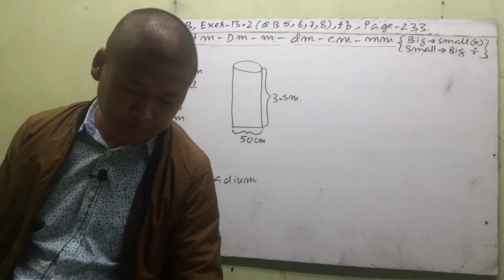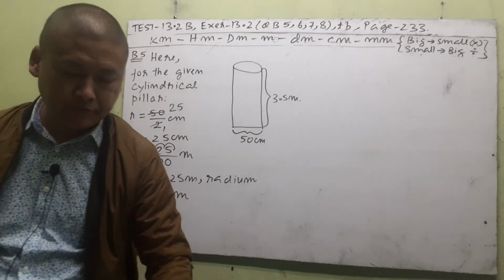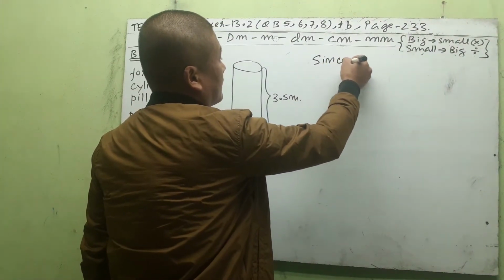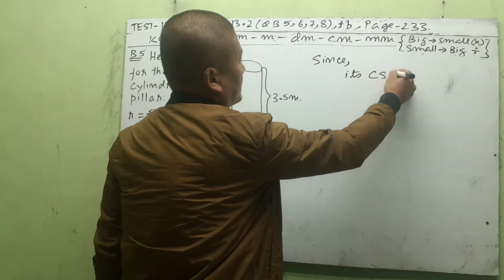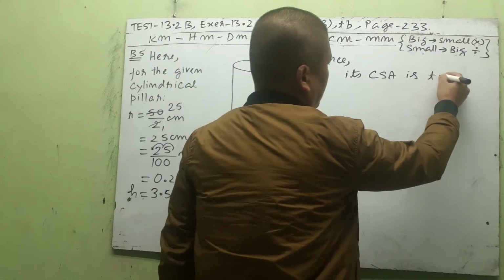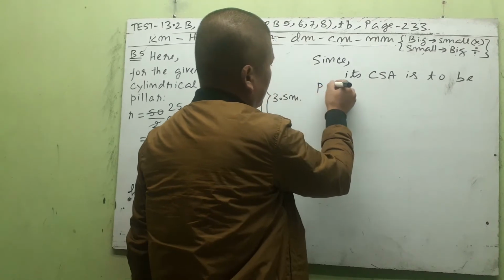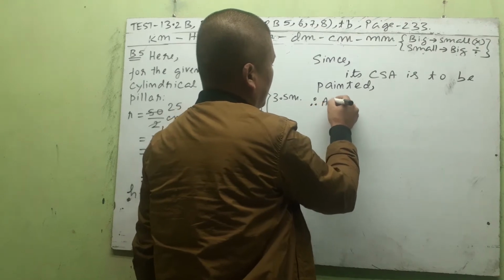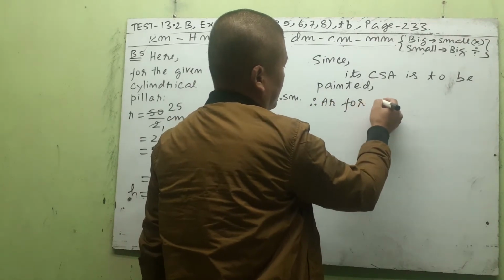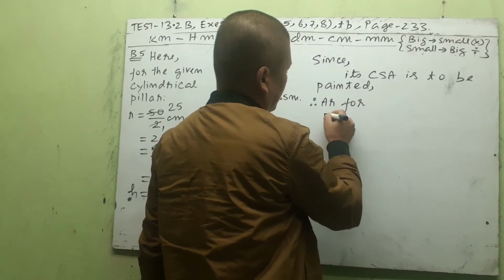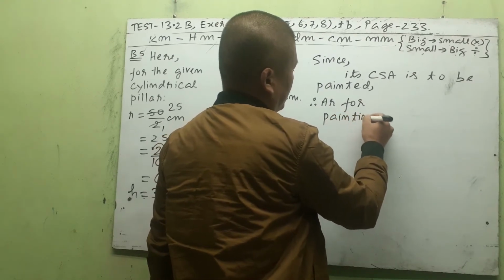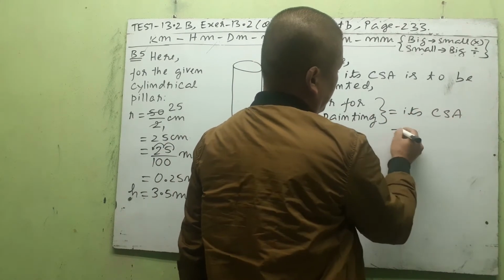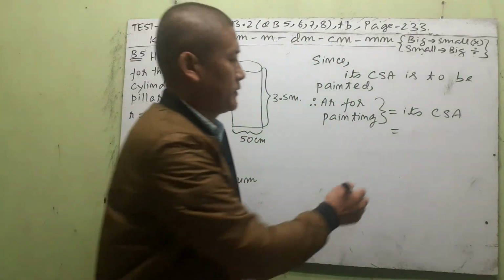So the question is saying cost of painting the curved surface only. So let us write here, since its curved surface area is to be painted, therefore area for painting is nothing but its curved surface area, because that's what we're going to paint on, the curved surface only.